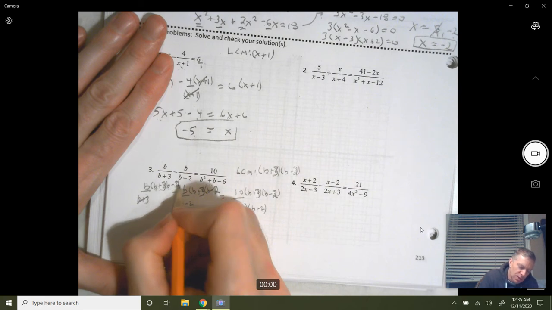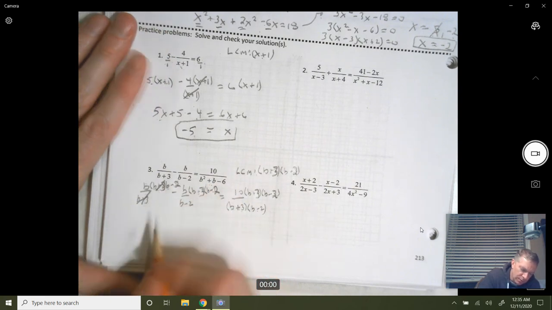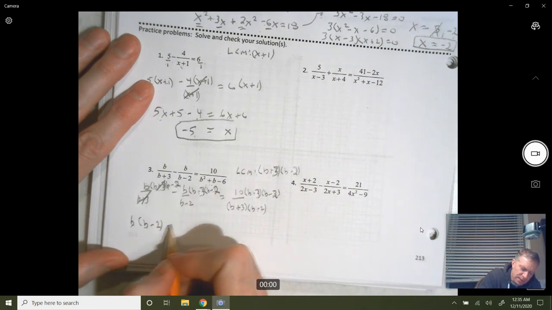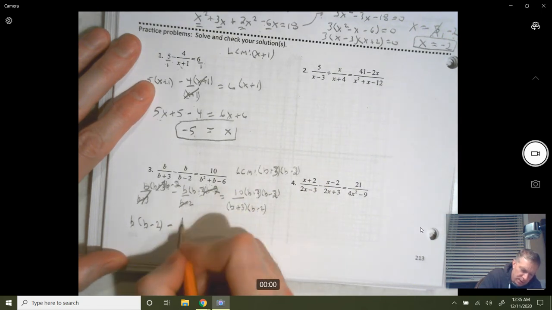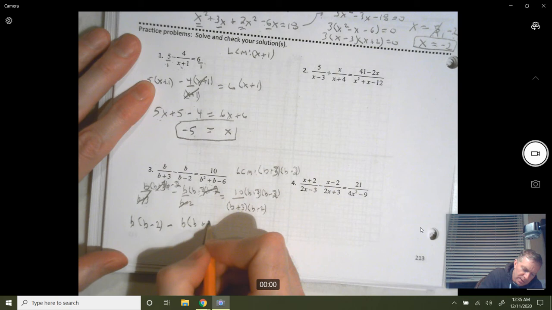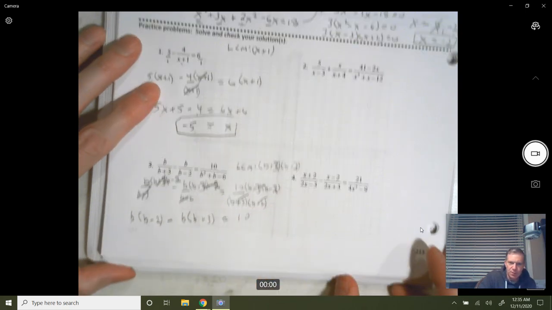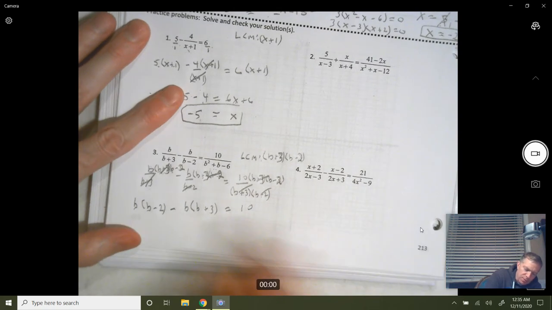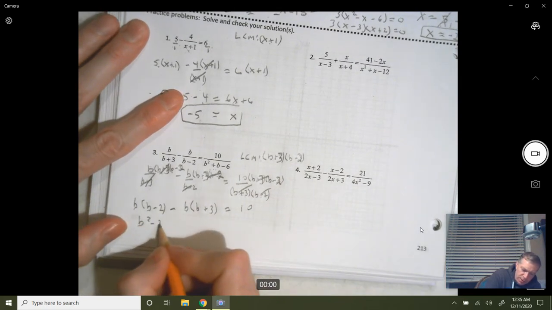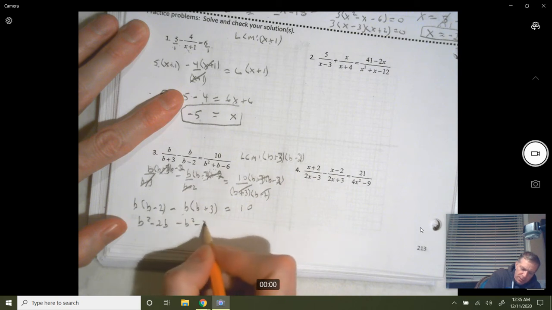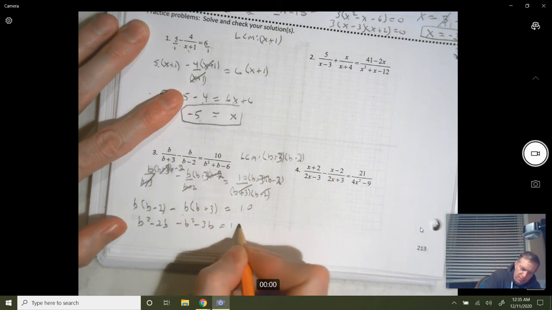So the b plus 3's cancel. I'm left with b times b minus 2 minus, and the b minus 2's cancel, b times b plus 3 equals, and that all cancels, so we get 10. Okay, so we get b squared minus 2b minus b squared minus 3b equals 10.